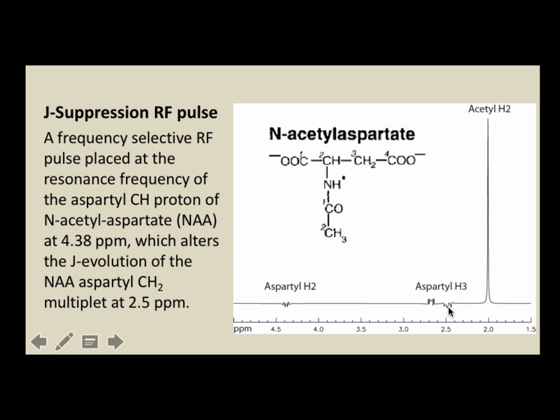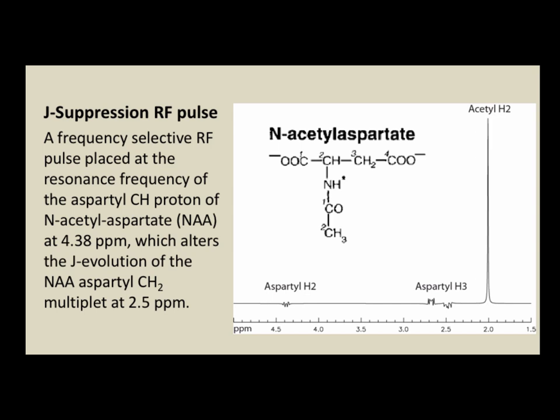The signals at 2.5 ppm are a problem for us because the glutamine signals are at 2.45 ppm and the glutathione signals are at 2.55 ppm. This aspartate H3 signal interferes with the glutamine and glutathione signals.